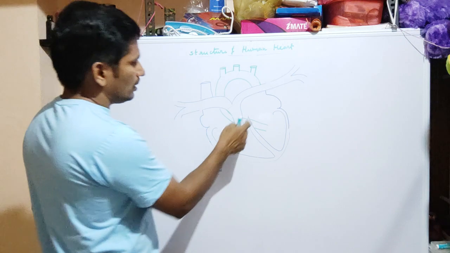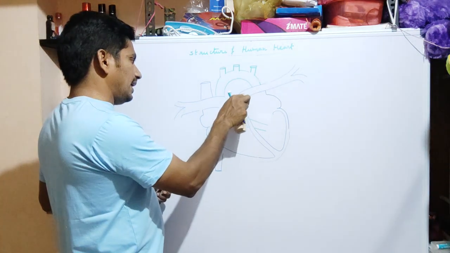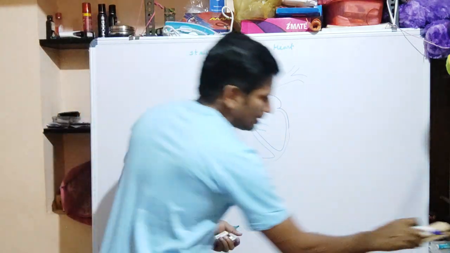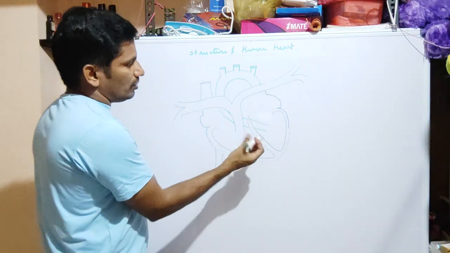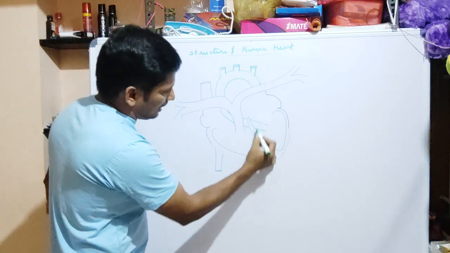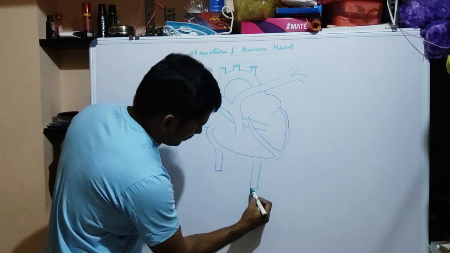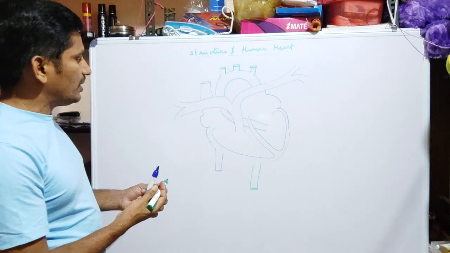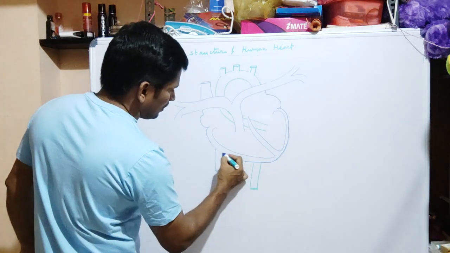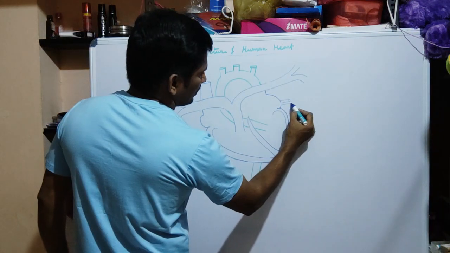Now we have the upper 2 chambers and lower 2 chambers. These imaginary lines have to be rubbed now, and this line which starts from here, the systemic aorta, goes from here to here. Now it is coming back and exits as the aorta, right? After confirmation of this, you can shade it darkly.